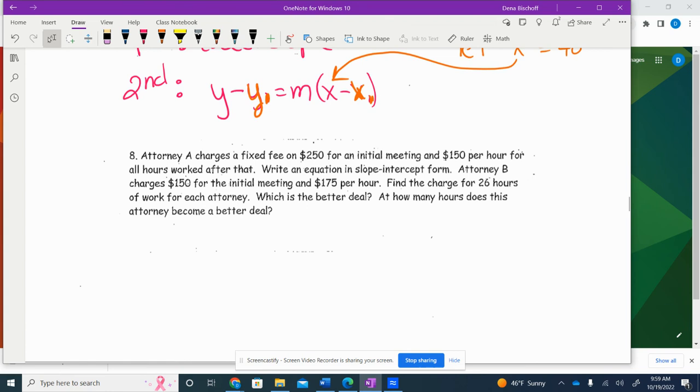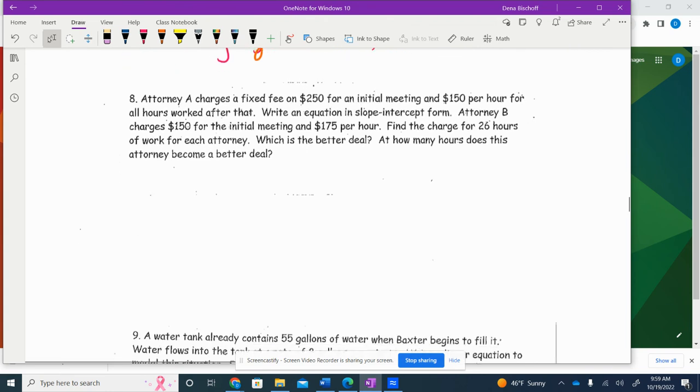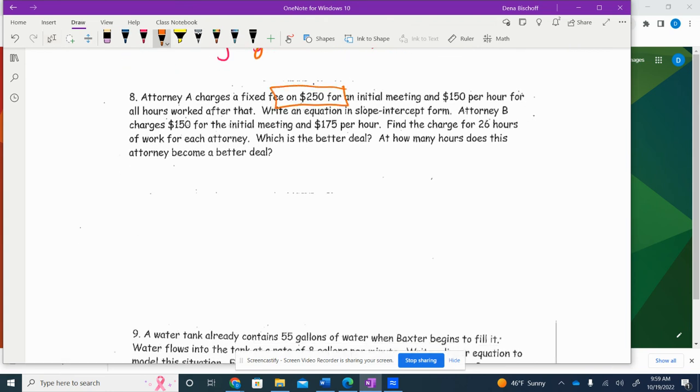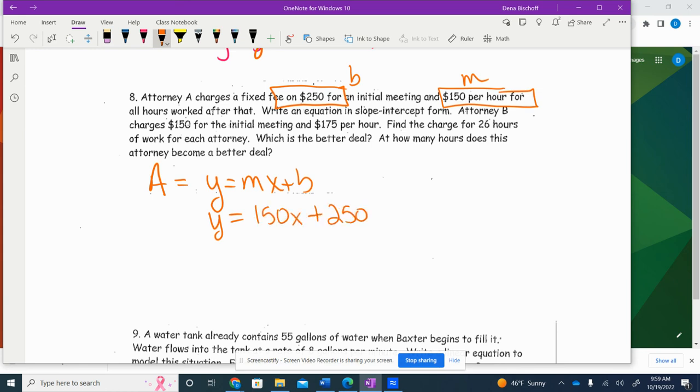All right, number 8, an attorney charges a fixed fee. This is my b, plus an additional $150 per hour. That sounds about right. Write an equation in slope-intercept form. So attorney A is y equals mx plus b. Well, let's see. y equals my slope, 150x, plus my y-intercept, 250.